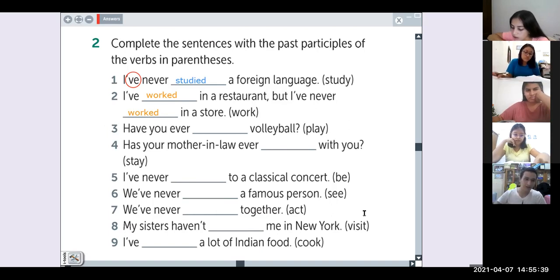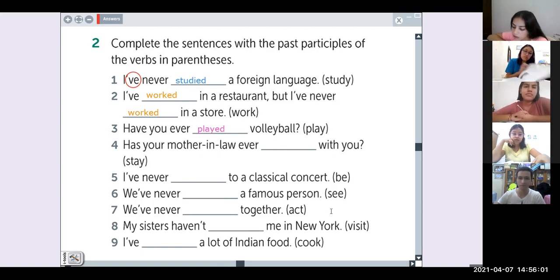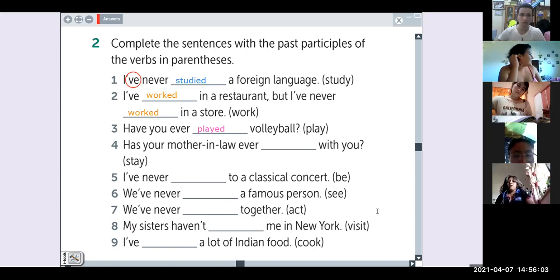Let's go with number 3. Please, Varinia. Have you ever played volleyball? Very good. Played. Ok, después de la I directamente viene una D. Have you ever played volleyball? Let's go with number 4. Let's go with a boy.